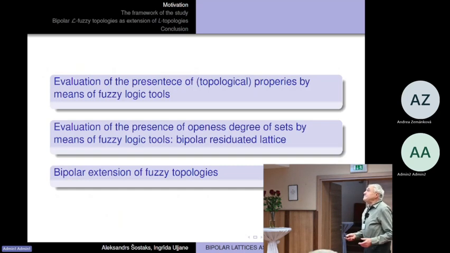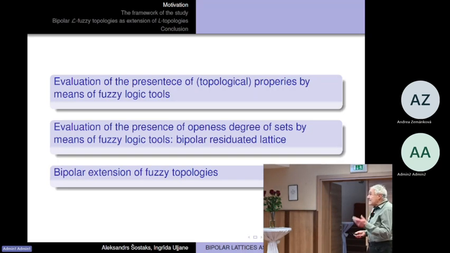To say the main idea of what we are trying to do, the situation is well known: in crisp mathematics, usually a property either is or is not. In particular, the topological property of openness is, in every topological space, either open or not open.